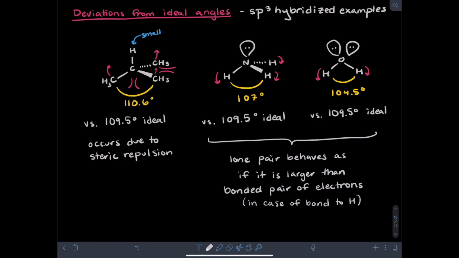What these smaller bond angles suggest is that the lone pair is behaving as if it's larger than the bonds to hydrogen. It would be more complicated to predict in cases where you had substituents other than hydrogen as well as a lone pair, because you could have sort of competing effects. But because hydrogen is so small, you can get these contracted angles.